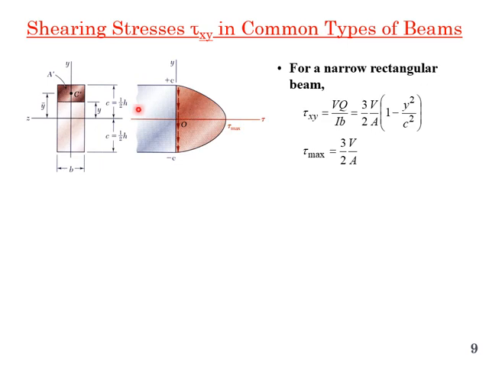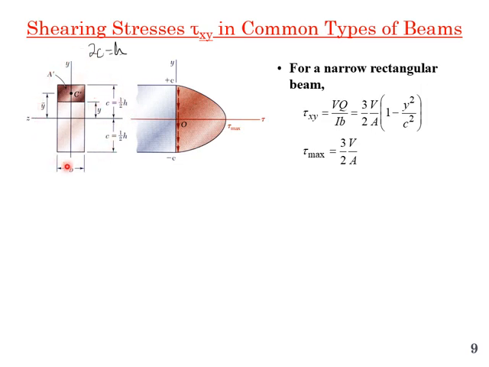The depth of the beam is total h, or we can write this dimension 2c is equal to h, and the width of the beam is b. This is showing me the cross section of the beam.